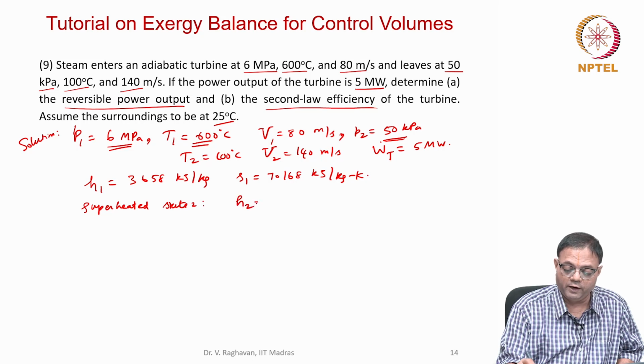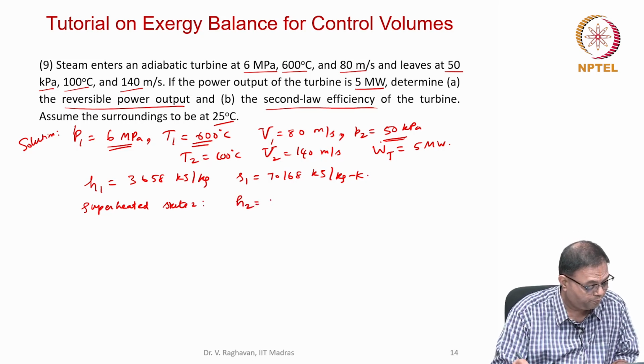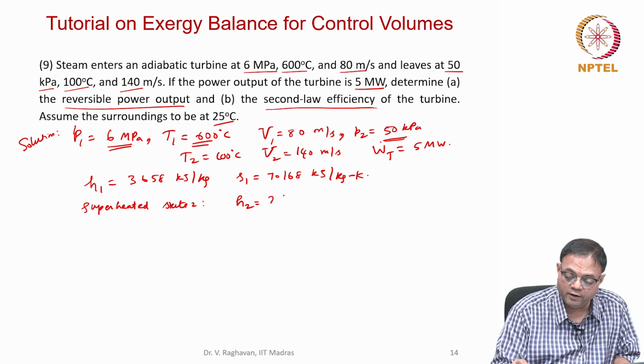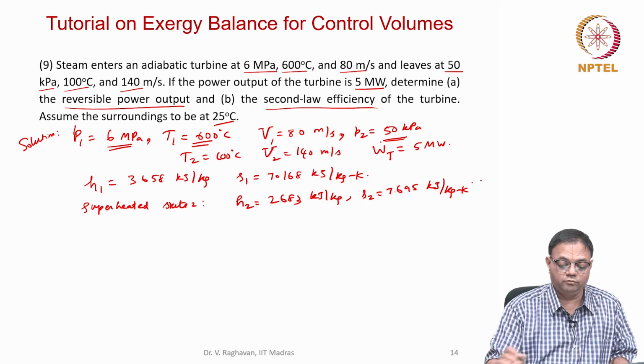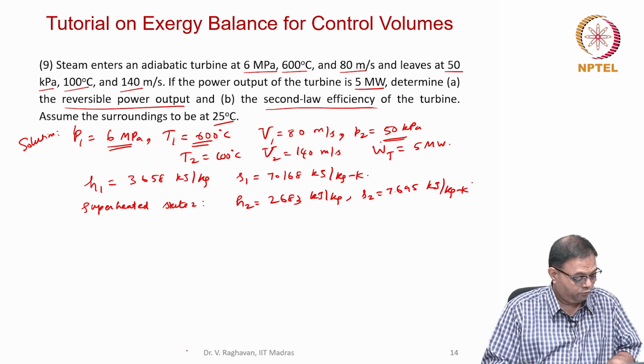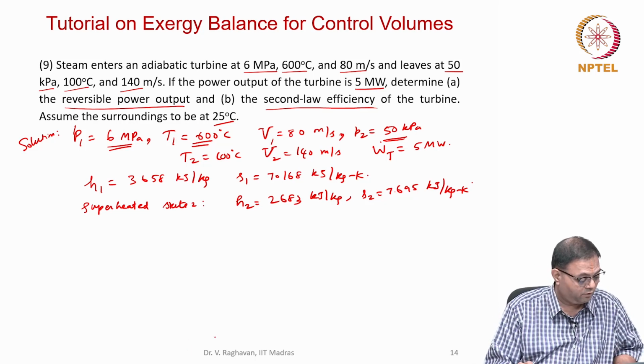So H2 again is equal to 2683 kilojoule per kg and S2 is equal to 7.695 kilojoule per kg Kelvin. So both the states are fixed.